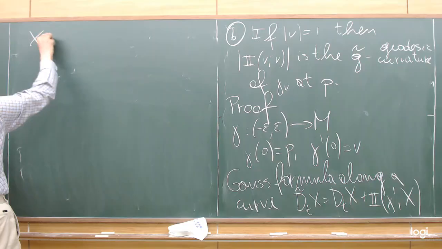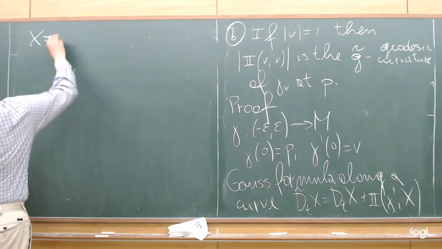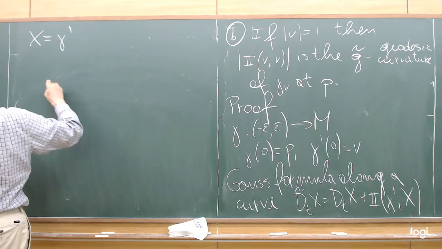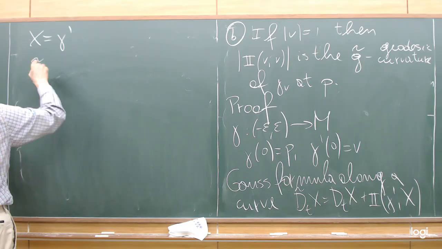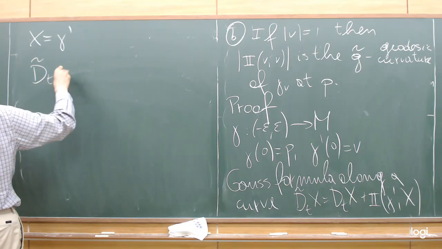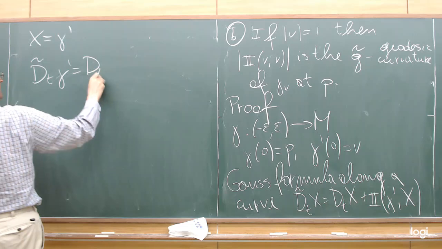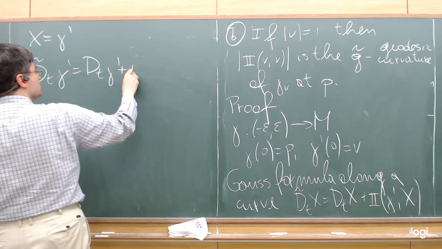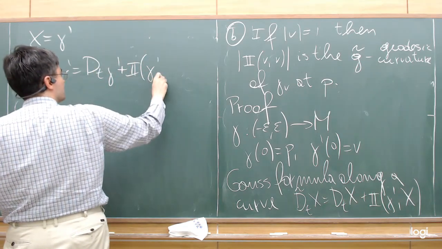With X equal gamma prime, we get D tilde t gamma prime equal Dt gamma prime plus II gamma prime gamma prime.